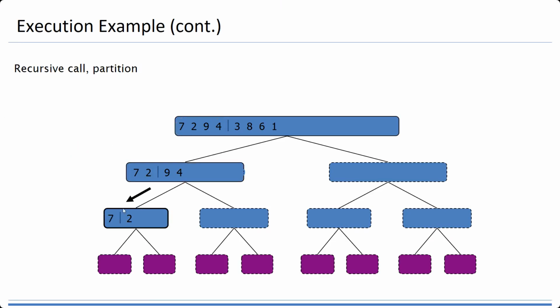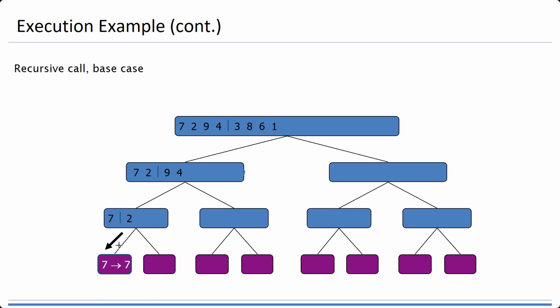Then we have 2 elements to the left, 7 and 2. So n equals 2. N divided by 2 means we have 1. Then we have until 1 element. Because we already reached 1 element, then finish. We call this the leaf.